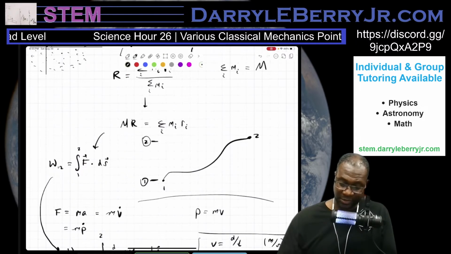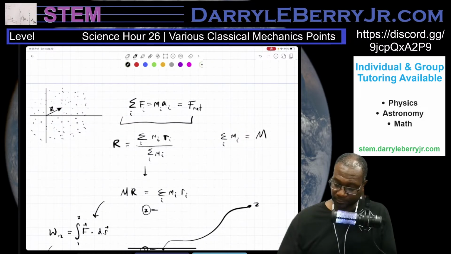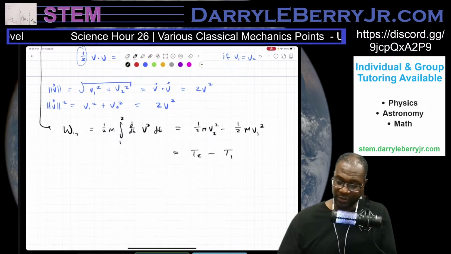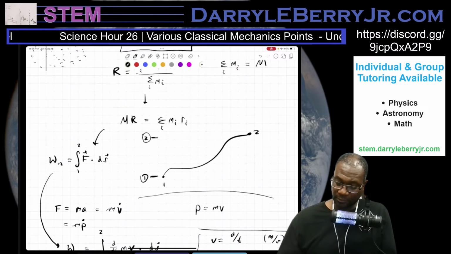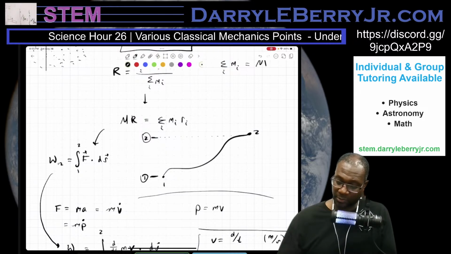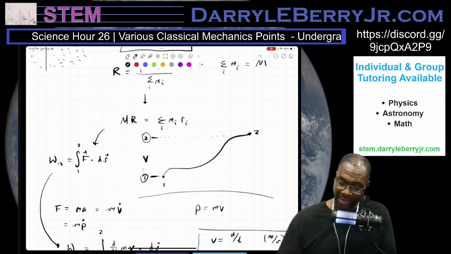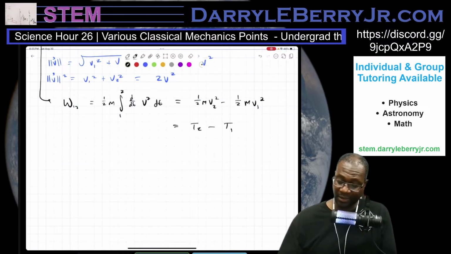Now, the last interesting thing I'll point out in the last 5 minutes is that since the work we do on this system depends only upon the endpoints, we can define a quantity that depends only on the endpoints, which we call potential energy.